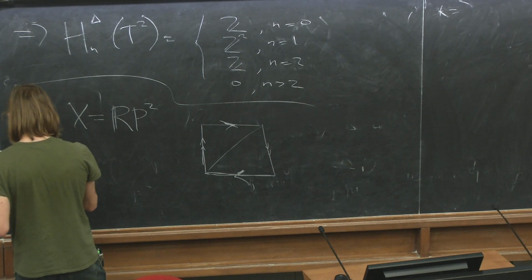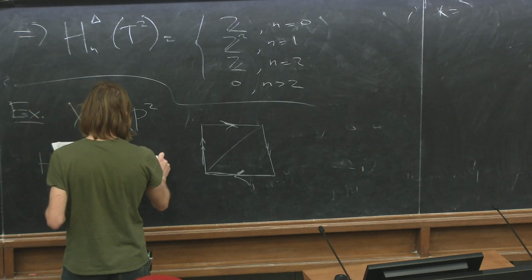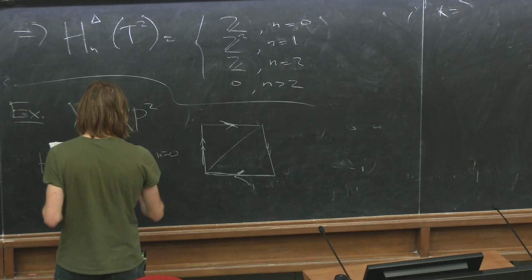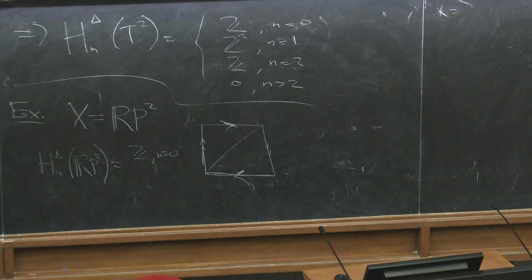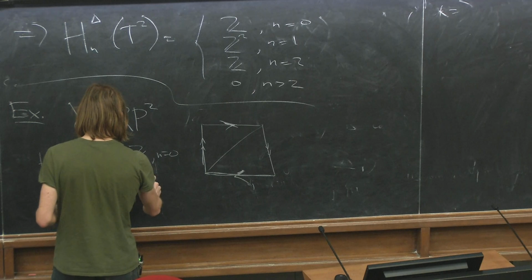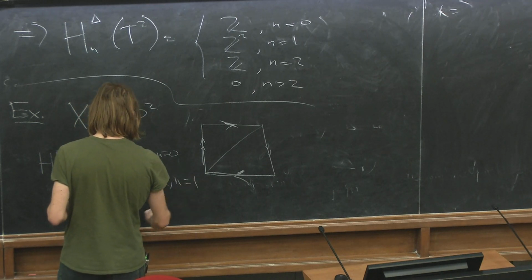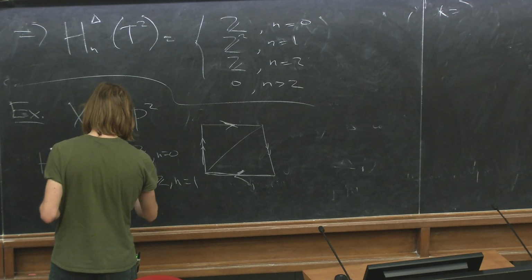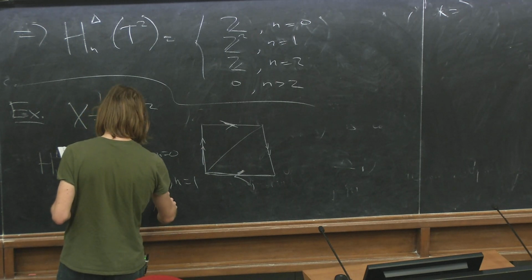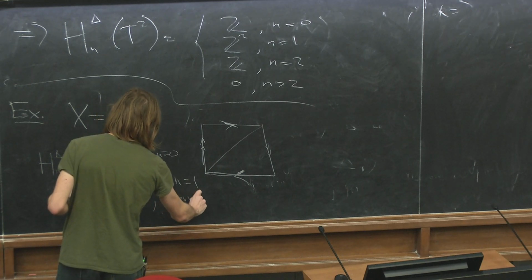In this case, one can show the homology groups will be Z for n equals 0. So n here in the homology group is often called the degree. So Z in degree 0 and Z mod 2Z in degree 1, and 0 otherwise, for all other n's.